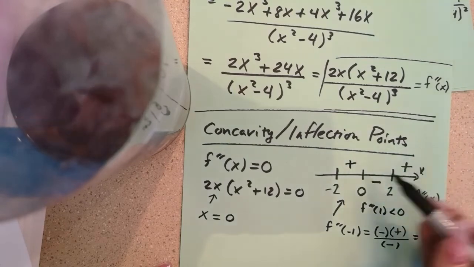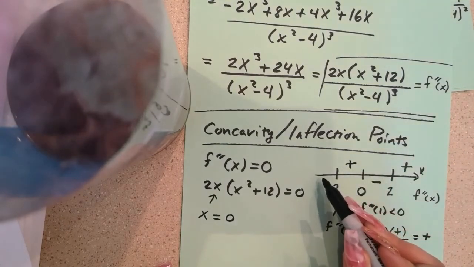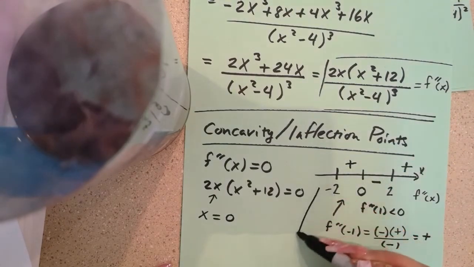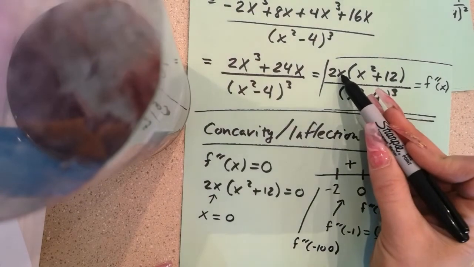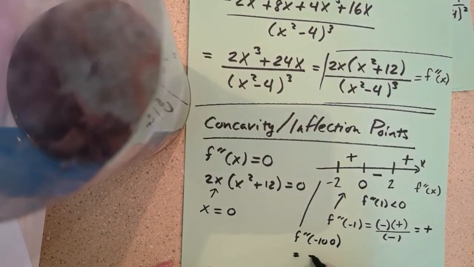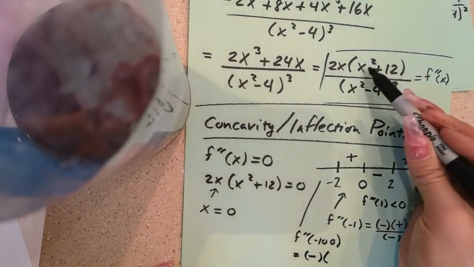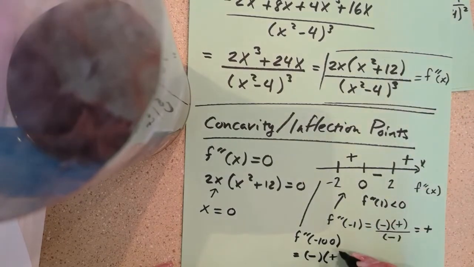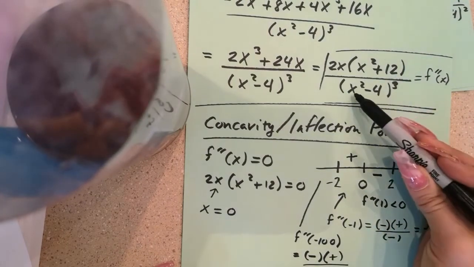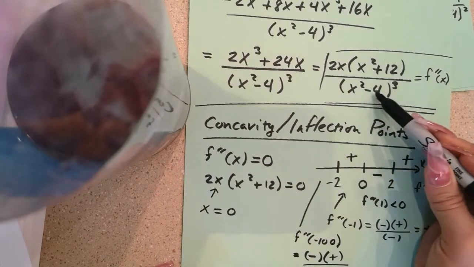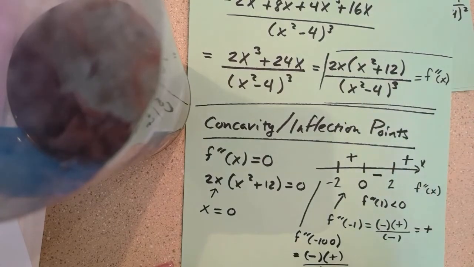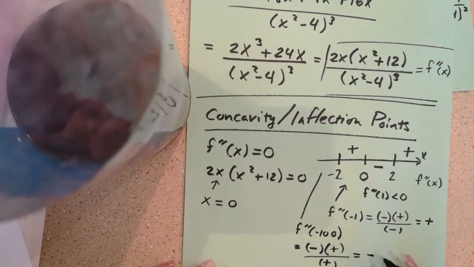And one more. What about a huge negative number? -100. Well, let's see. This would be negative. This is always positive. -100 squared, this is a huge positive number. -4, it's a positive number. So overall, this is a negative.